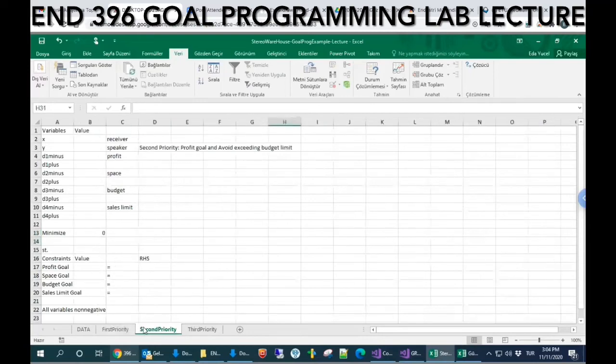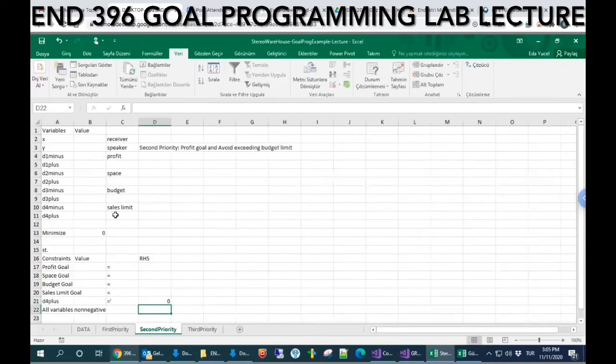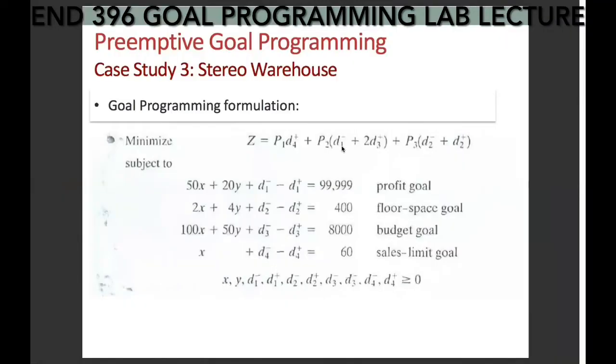For the second priority goal, D4 plus should be equal to the optimal objective function value, or D4 plus value, of the first model. Okay, similarly, we should construct our objective function and the constraints. Okay, for this second priority goal, what is our objective?